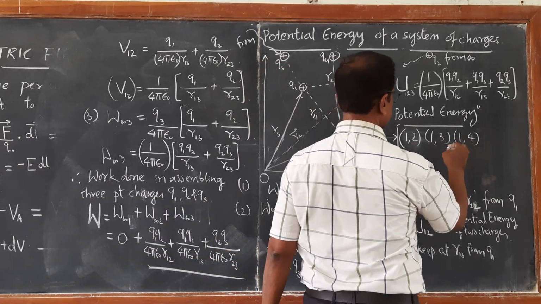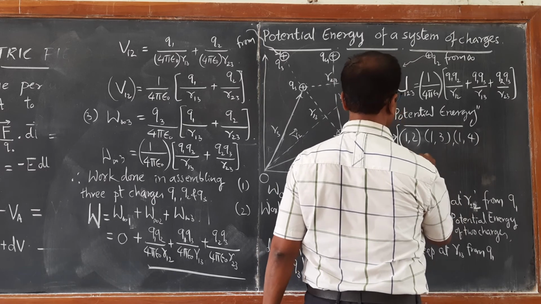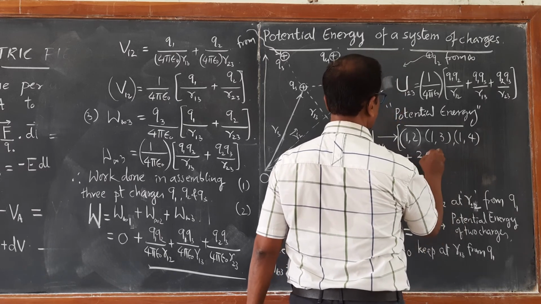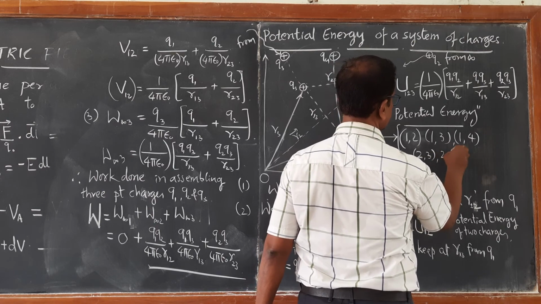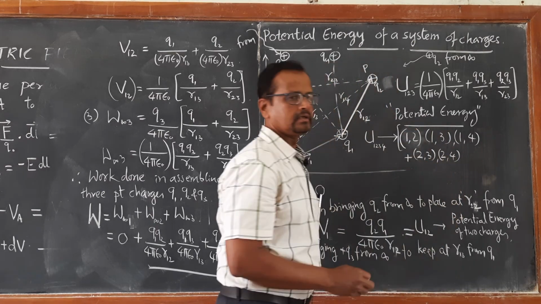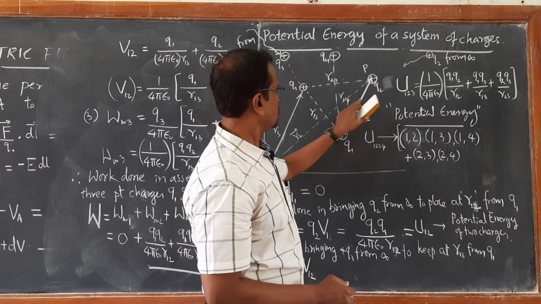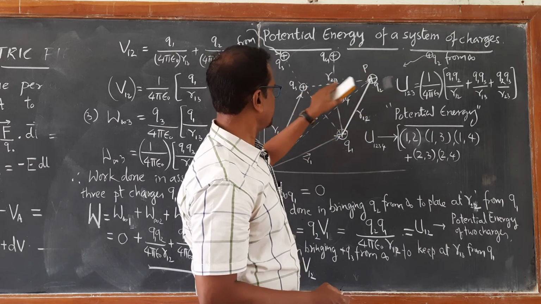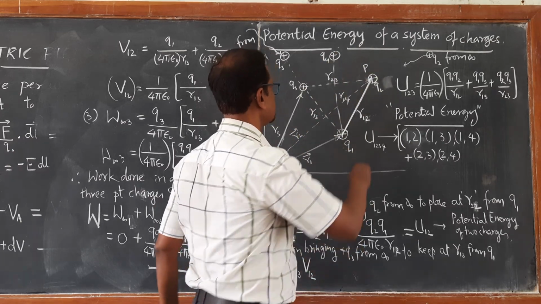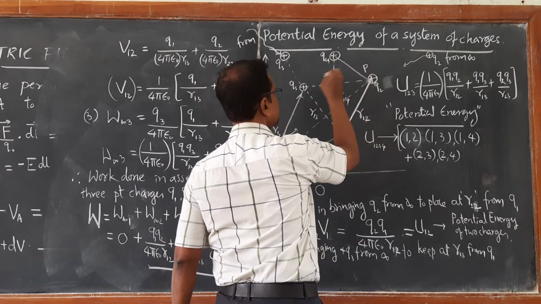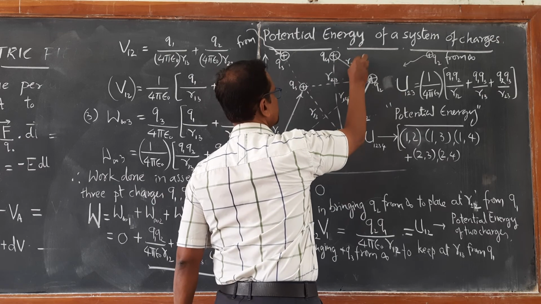Then next, plus 2 3, 2 4. You must know what the distance between them is, 2 3, 2 4, that is R24.